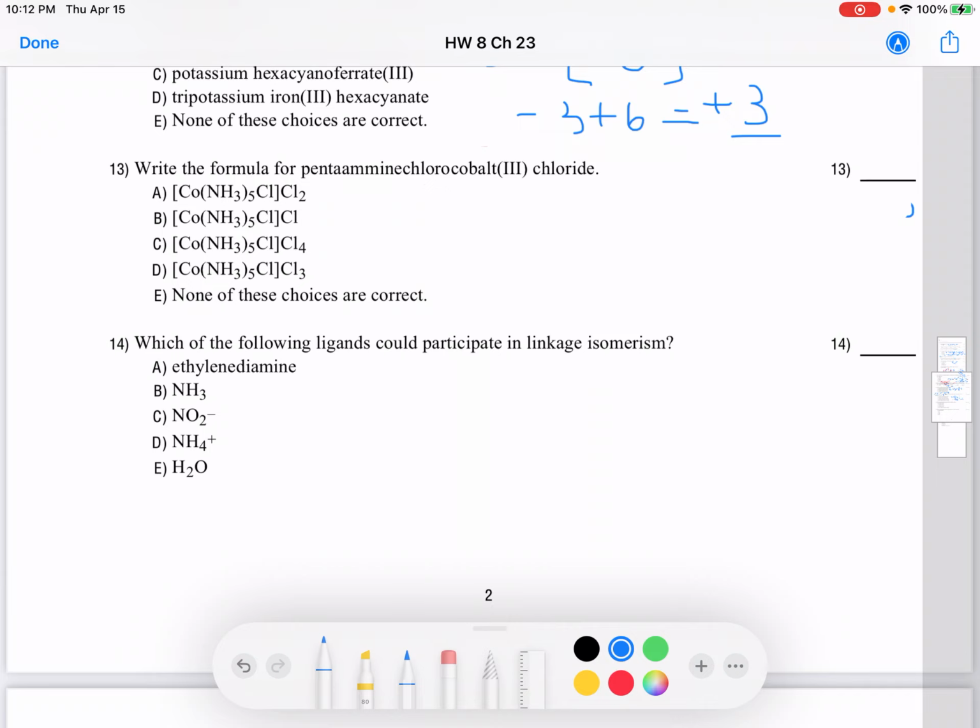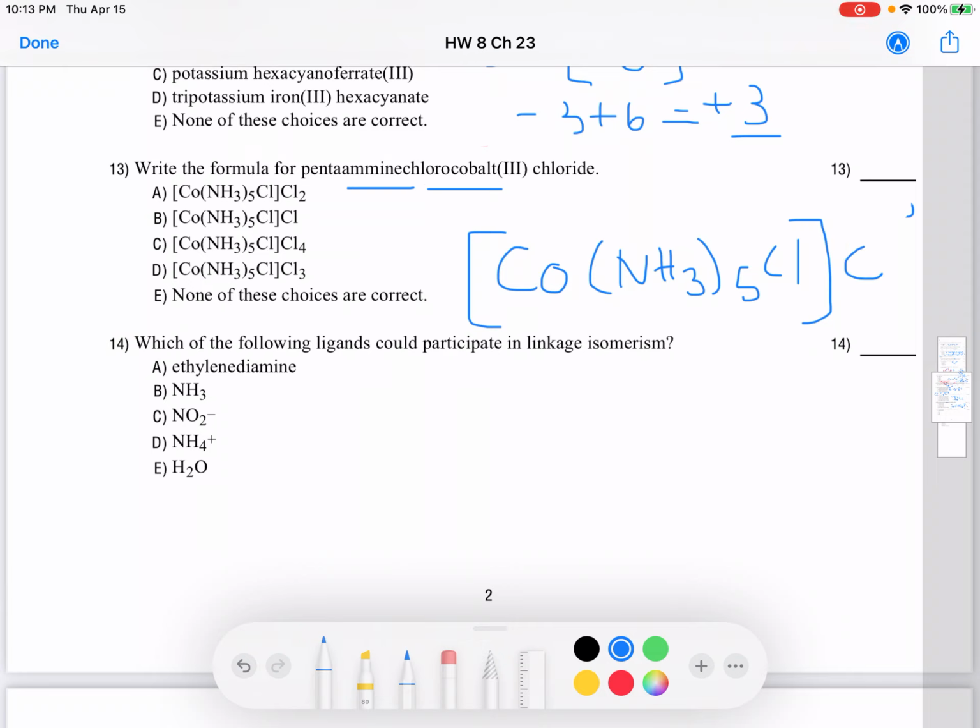It's going to be a complex cation, cobalt with 5 ammonia groups and a chlorine: pentaamminechlorocobalt(III) chloride, Cl.